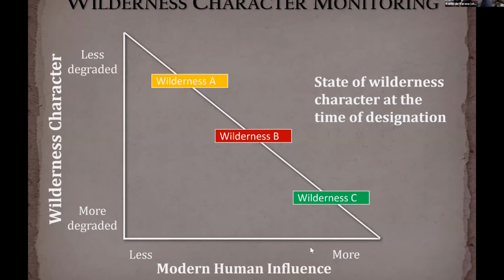Maybe one wilderness does have some more human influence, and maybe one wilderness is a little bit more degraded up here, but wherever it is on this line, the important thing that this framework is doing is trying to preserve that state of wilderness character at the time of designation, and not have the wilderness continue to fall down the line and perhaps get more degraded as time goes on. So it doesn't necessarily matter where it comes up on this line, but that it does not continue to slip further into degradation.